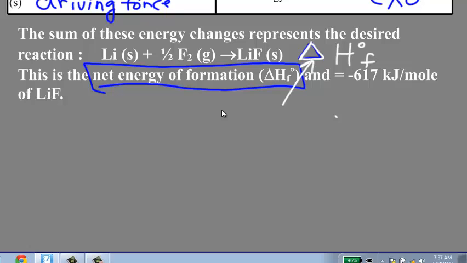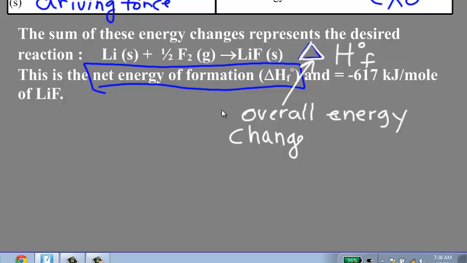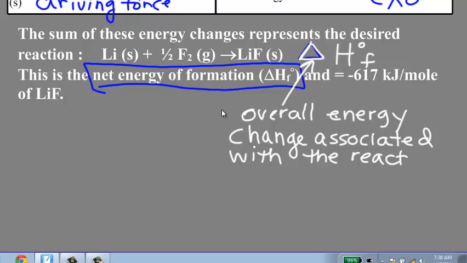It's the overall energy change associated with the reaction, starting with the elements in their standard state to them being combined.